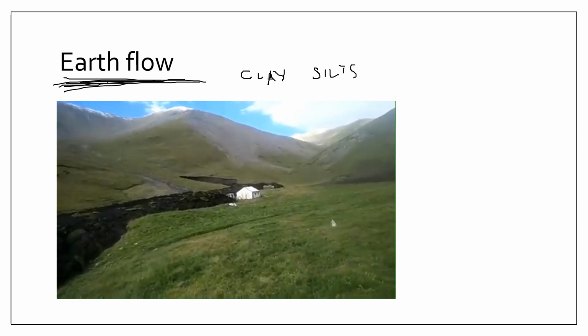Right? So earth flows are actually more common than you might actually think. This video is just a classic video of how an earth flow will move if it's moving at a relatively faster velocity. But in my experience, I've seen a lot of these in the Philippines, although they move much slower, like a few meters in a year, right?